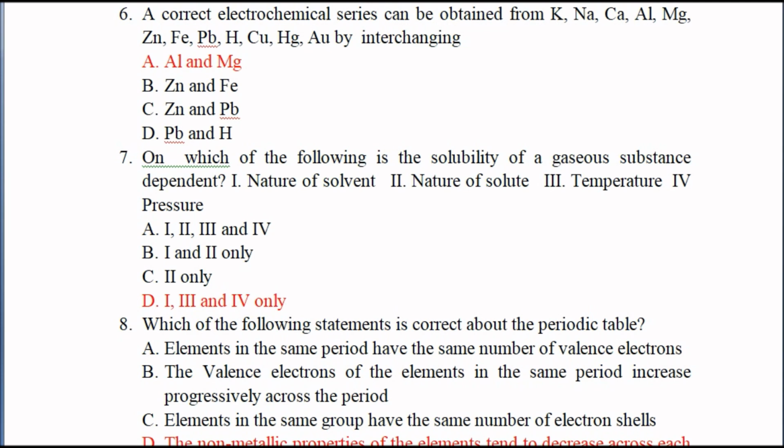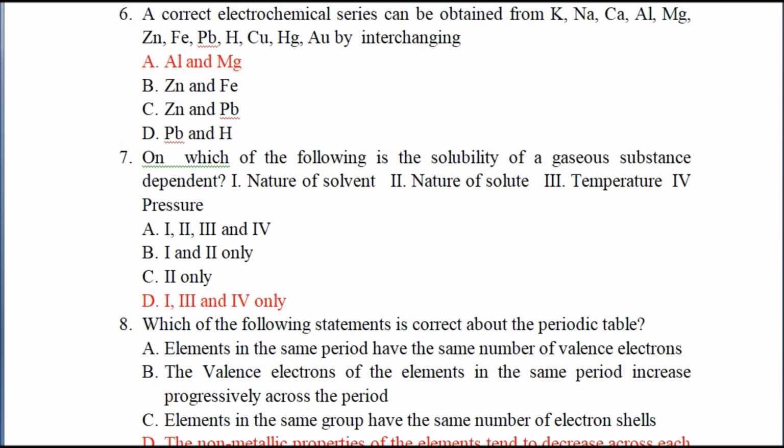So basically, the solubility of a gaseous substance is going to be dependent on the nature of the solvent which it is going into. It's also dependent on temperature and pressure. So D is the correct answer.